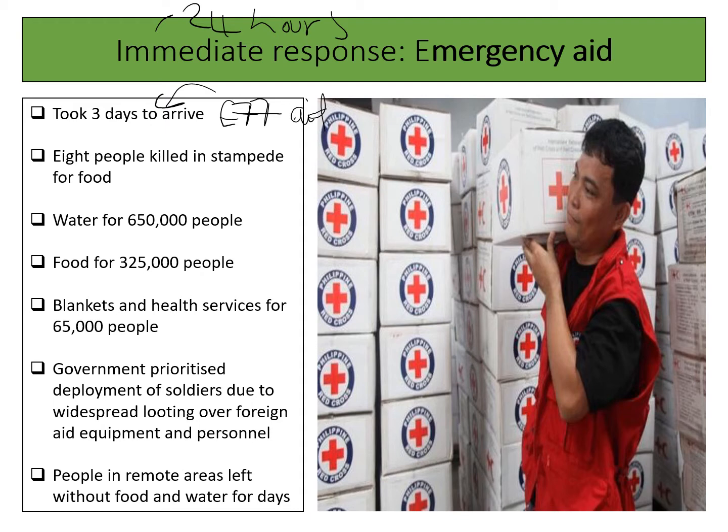You'll also notice at the bottom that people in remote areas were left without food and water for even longer. And that was because there was a lack of information from the rural areas. So those areas that weren't as connected to the city, they didn't have any way of communicating with them. So they went without food for a very, very long time.